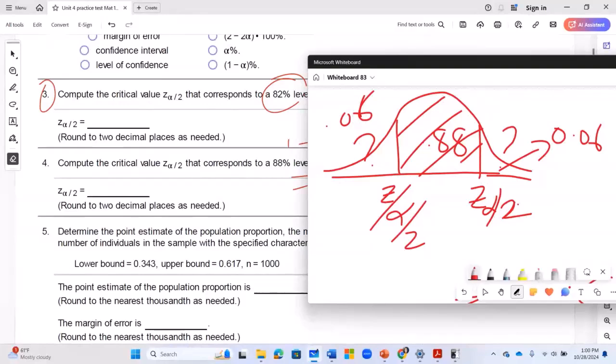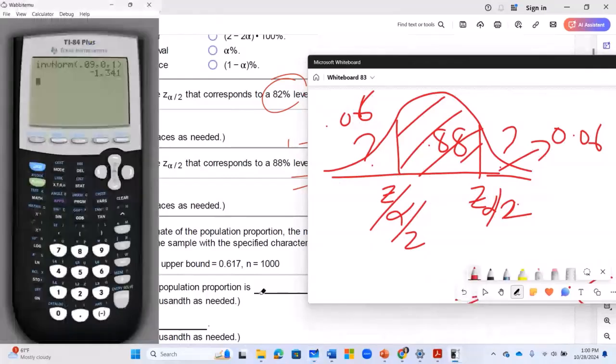So I will get my calculator again as usual and find inverse norm of 0.06. I can just do second enter and replace 0.09 by 0.06. That makes my world easier. When I hit enter, the Z value corresponding to 0.06 is negative 1.56.